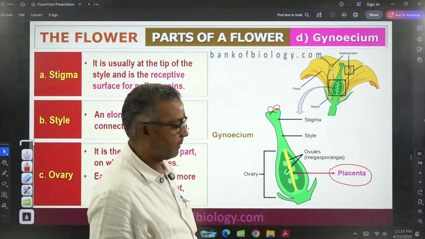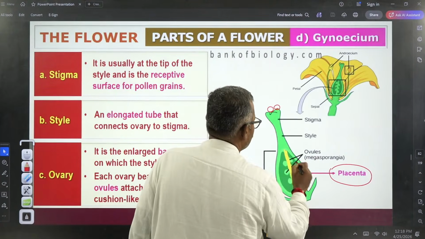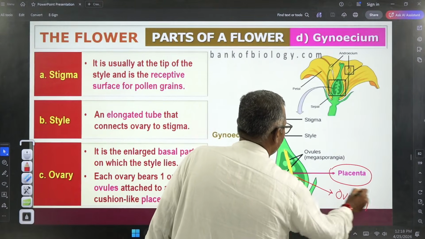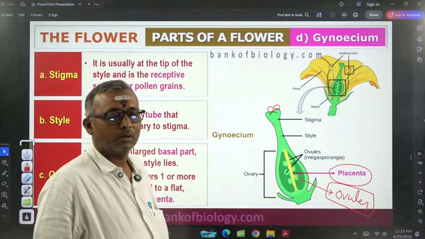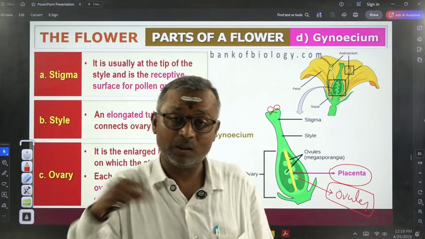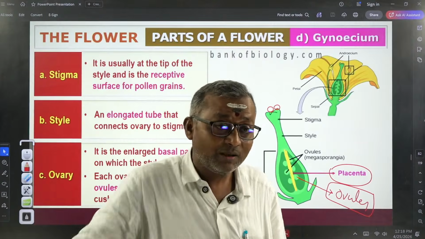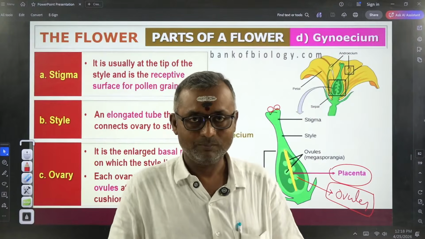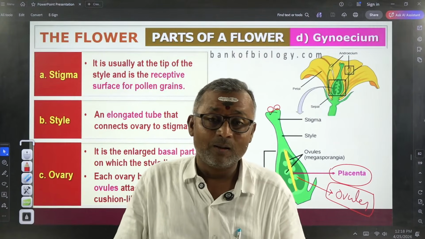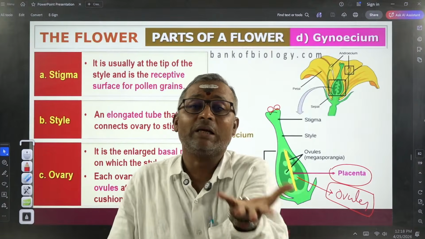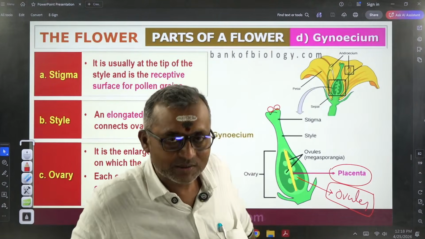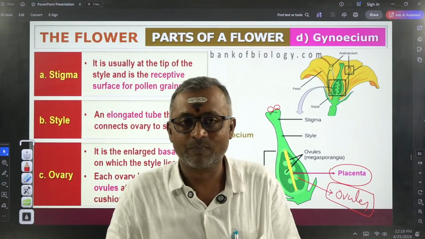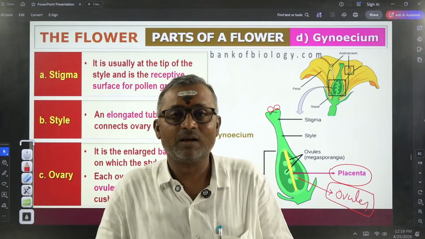On the placenta, ovules originate. So ovules are present on the placenta. Where is this placenta present? Placenta is present inside the ovary. So what is placenta? Placenta is a cushion-like tissue present inside the ovary from which ovules originate. Is it clear?